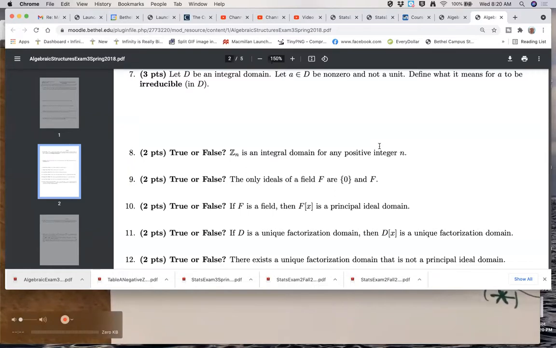What's 2 times 2 mod 4? 2 is a zero divisor, isn't it? Yeah, 2 times 2 is 0 mod 4, but 2 is not 0. So 2 is a zero divisor, and therefore Z4 is not an integral domain, and that would be enough to say this is false. In fact, if n is not prime, Z_n will not be an integral domain. There will be zero divisors.